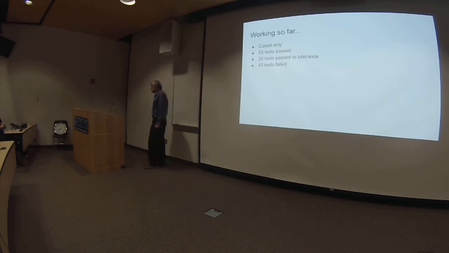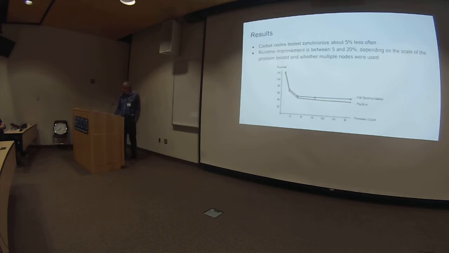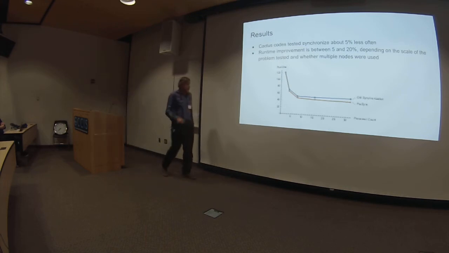The work has been done by myself, graduate students Sam Cupp and Roland Haas. We've all been pitching in on this. Here are some results. I'm sorry about the blurriness of the plot. What this is showing is some of the codes that we have in the toolkit.